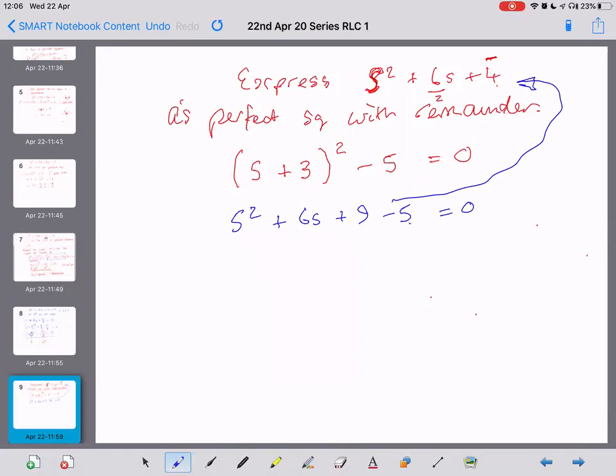Yeah or nay? So we've written it as a perfect square with a remainder that gets us back to this constant 4 up here.